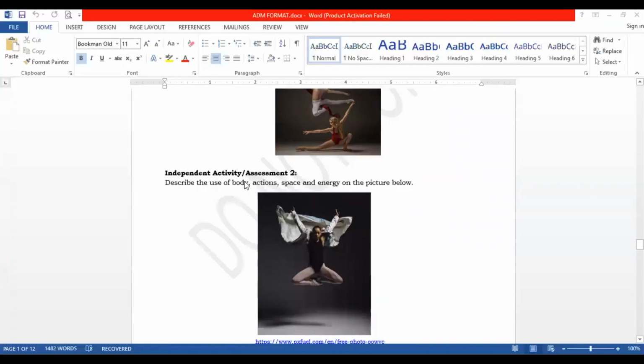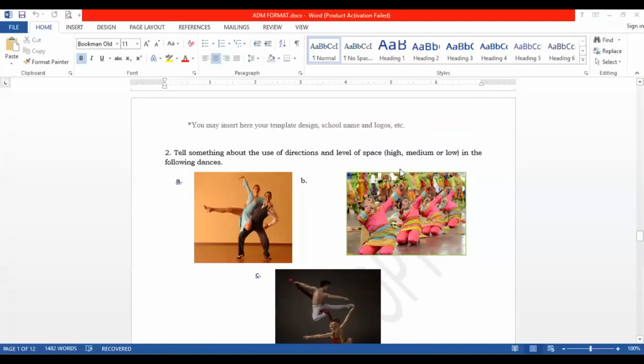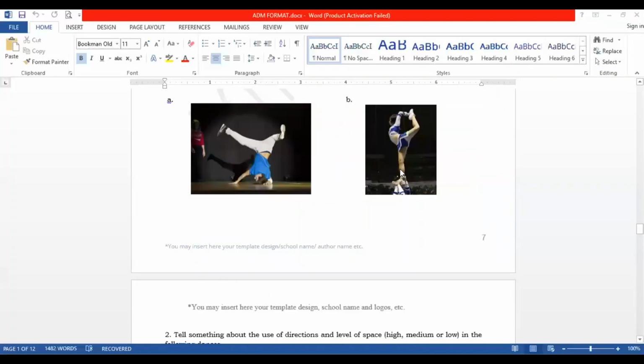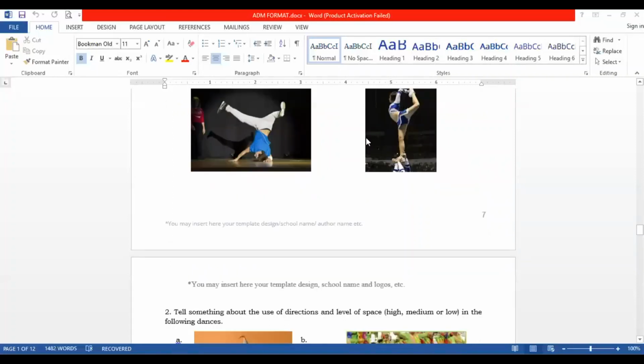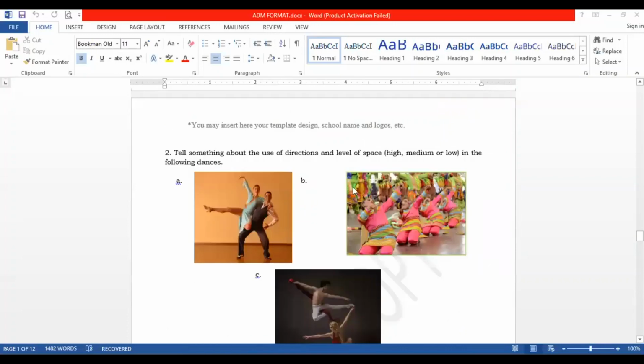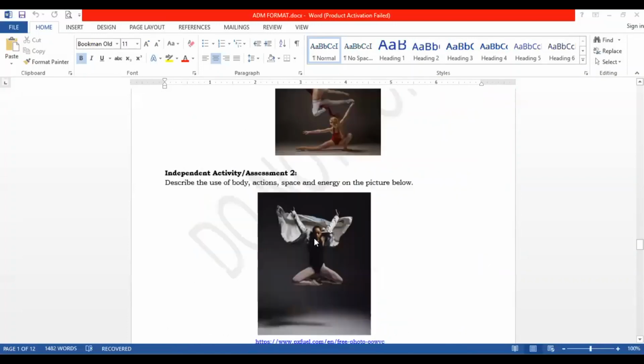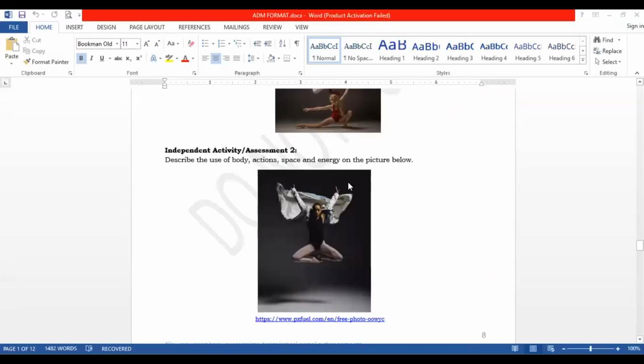Describe the use of body, actions, space, and energy on the picture below. So, kung kanina ang ini-enrich lang natin ay what are the body and what are the shapes, what are the level of space, this time sa independent activity assessment 2, 4 na elements na ang pinapa-practice ko sa kanila to analyze. Okay?